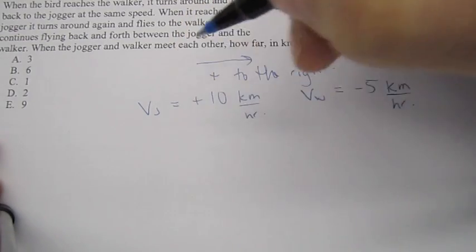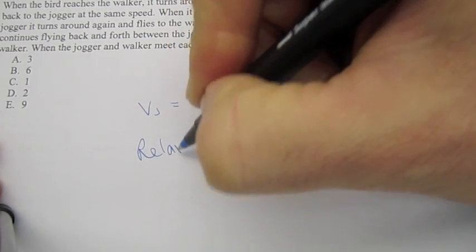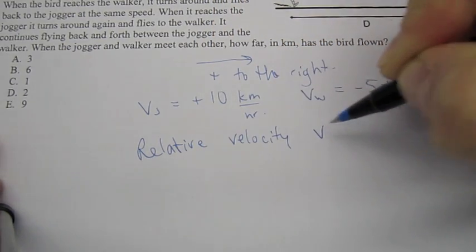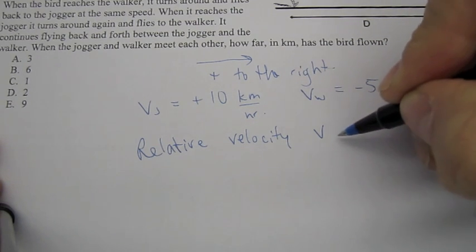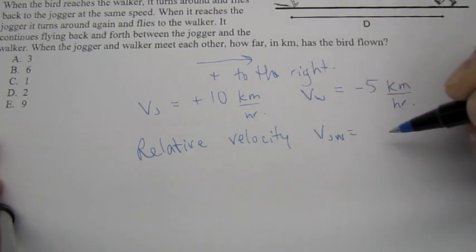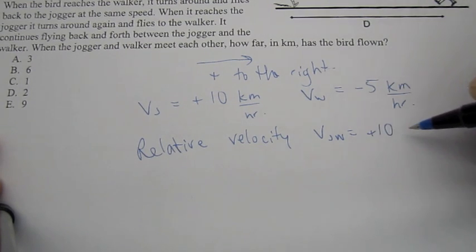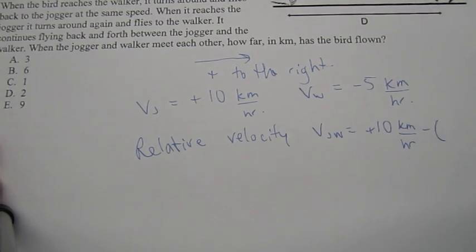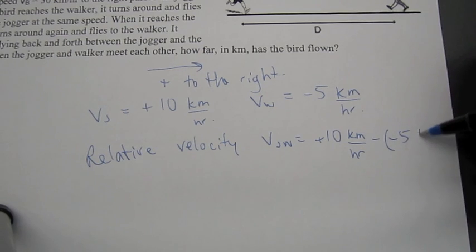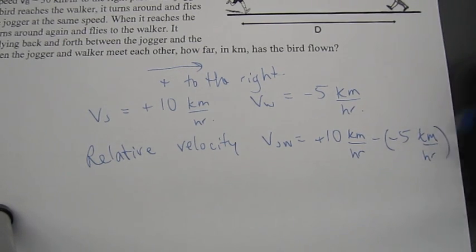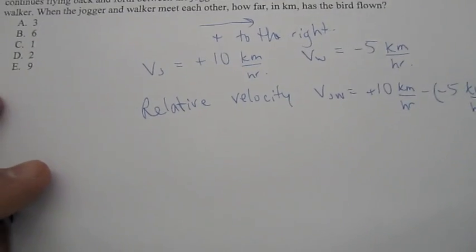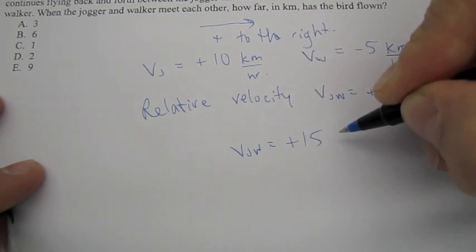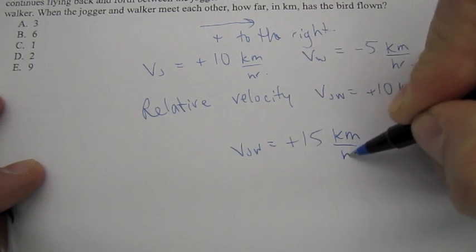And so the relative velocity, v of, let's say, the jogger relative to the walker, is equal to plus 10 kilometers per hour minus this negative 5. And so 10 minus negative 5 is plus 15. So v of the jogger relative to the walker is plus 15 kilometers per hour.